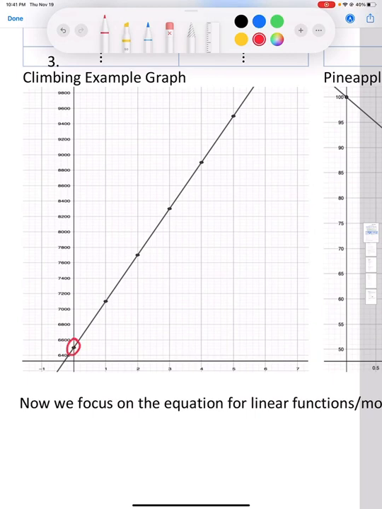They start at 6,500 feet, and after 1 hour, they are now 600 feet higher than that. That corresponds with 7,100 feet. So let's see how that goes.